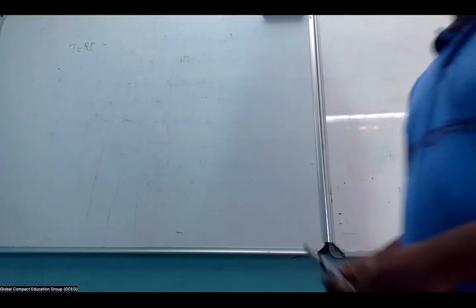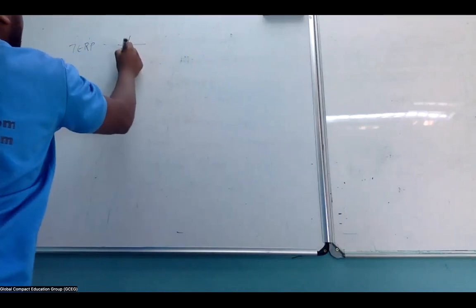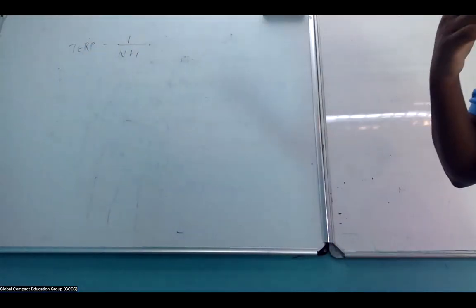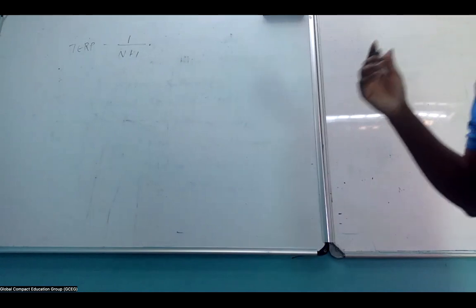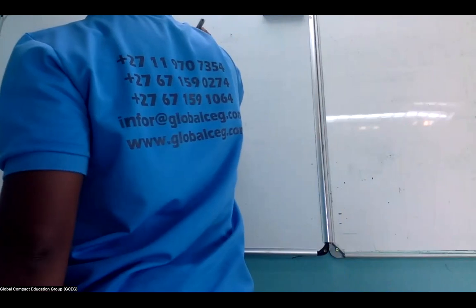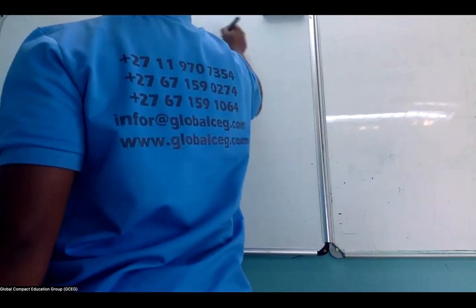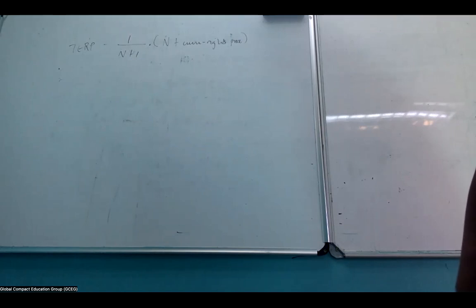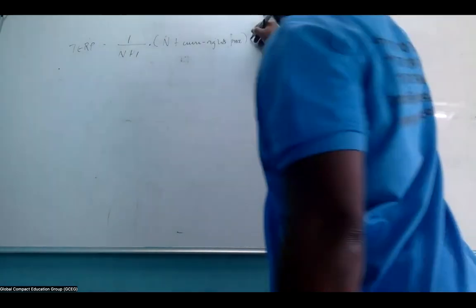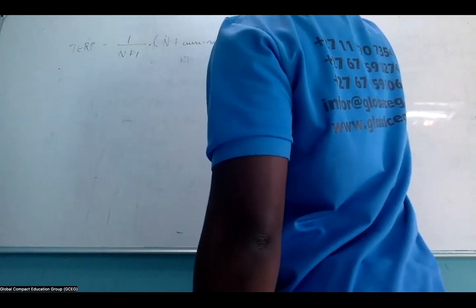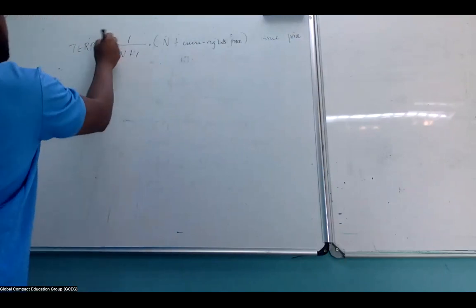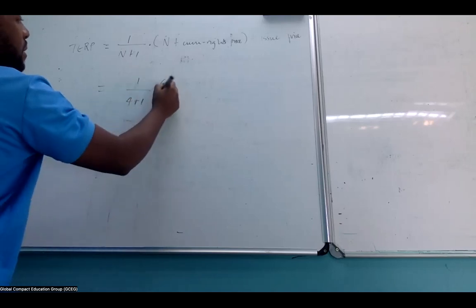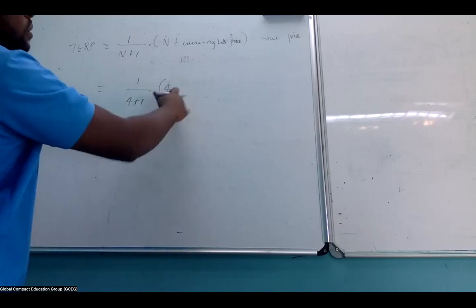Now we calculate TERP as 1 over n plus 1, right? Multiplied by n times the cum rights price, plus the issue price. Okay, so this is the old. So in other words, we are saying 1 over 4 plus 1, which is 5, multiplied by 4 times the old price that was there.